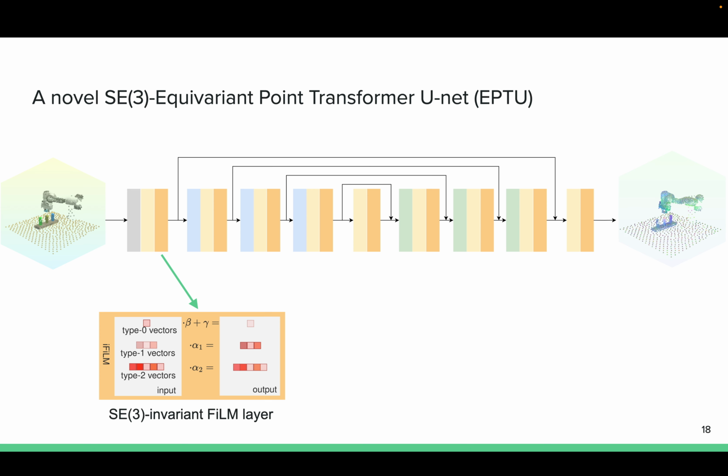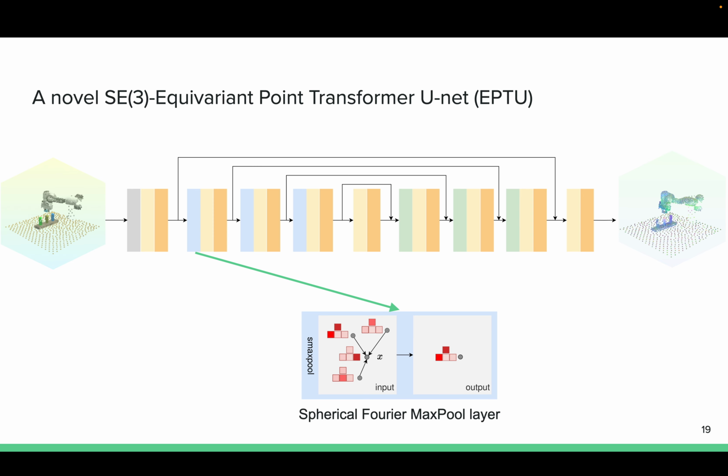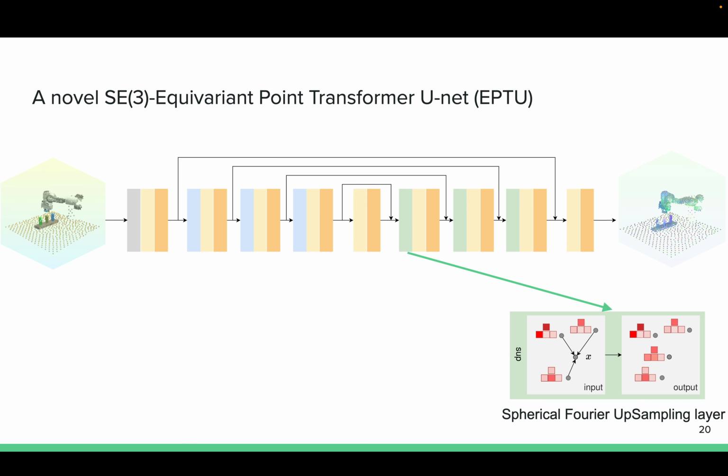The darker yellow block is an SE3 invariant FiLM layer to enable invariant language conditioning, and this shallow blue block corresponds to a spherical Fourier max pooling layer that can reduce the spatial dimension of the point cloud. Lastly, we propose this novel cyan block, the spherical Fourier upsampling layer that restores the spatial resolution of the point cloud.